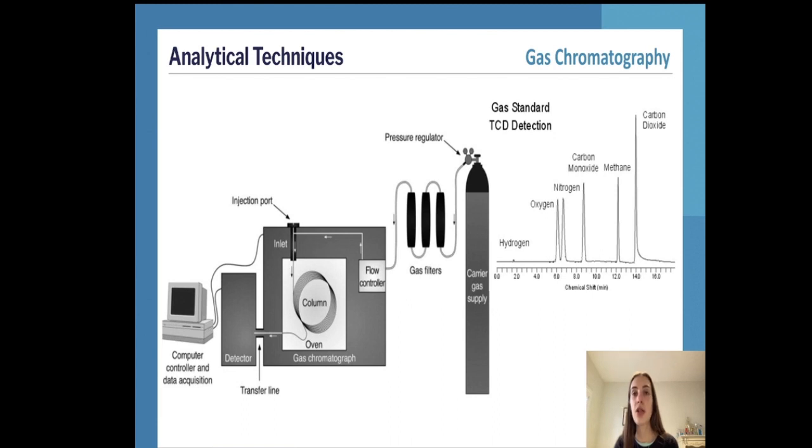In gas chromatography, the samples are vaporized, and with the help of a carrier gas, often hydrogen or nitrogen, it gets forced through a detector, which is what we can see in this section over here.